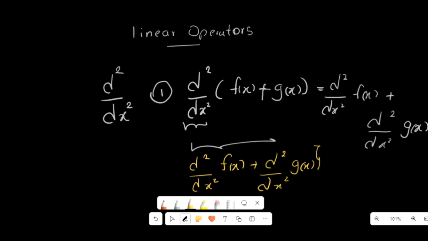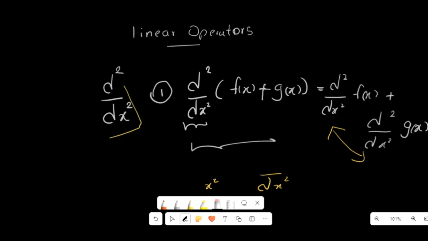So this is basically the other side of our equation, right? So here we have proved that the first condition is satisfied for this operator. So let's see whether the second condition is going to be satisfied.